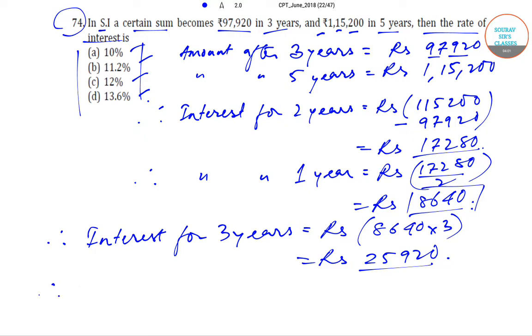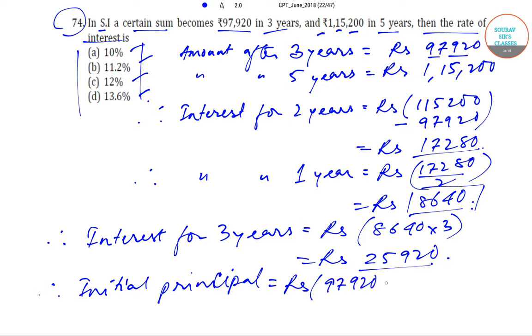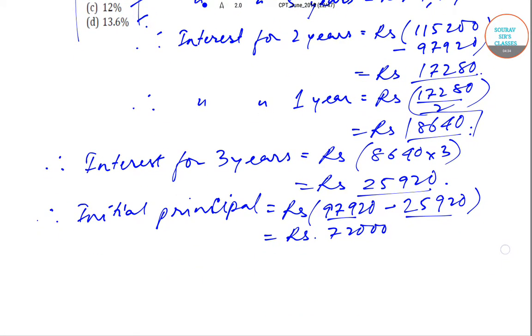Therefore initial principal is equal to rupees, amount after 3 years is 97,920 minus the interest for 3 years, which is 25,920. So this is the interest that we are getting after 3 years. So that gives us that we will have rupees, this minus this will give us 72,000, and this 72,000 is the initial principal.